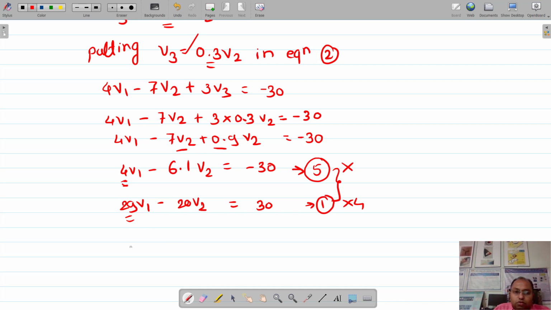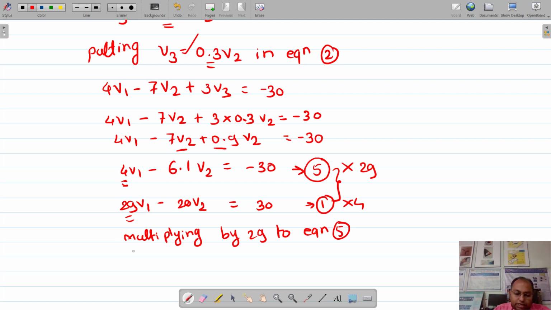So multiplying by 29 to equation number 5, let us multiply them.